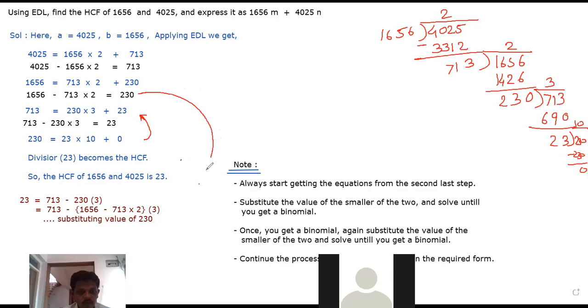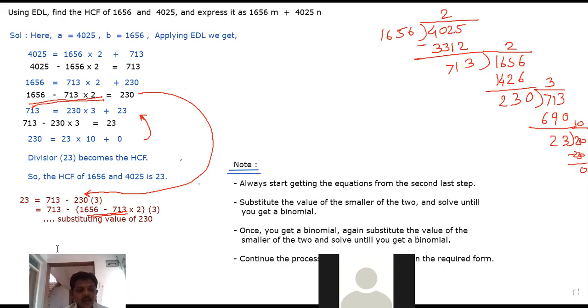In place of 230, I have put 1656 minus 713 into 2, and the into 3 remains as it is. Why? Because I want to come last into this step.